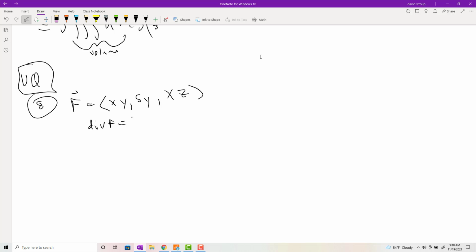Okay, so anyways, getting the divergence out of the way. Just taking the partials, adding them up. Y plus 5 plus x. Surface, I believe, is a sphere, radius 5. Yeah.